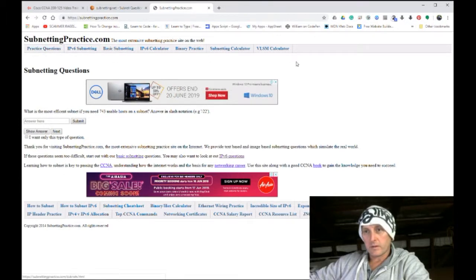It's got a plethora of different types of things that you can practice with. There's obviously the practice questions, there's IPv6, there's basic subnetting. This is really good once you've learned IPv6 to test your work, whether you got the subnetting portion of it right. There's binary, which is like binary to hex, hex to binary, decimal.